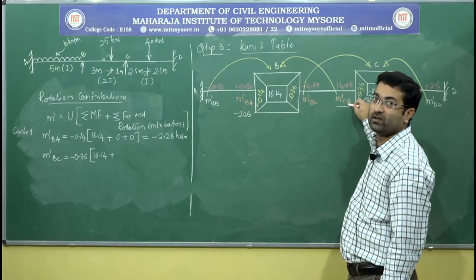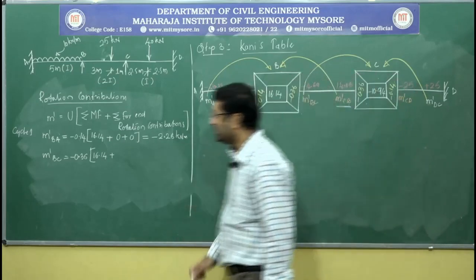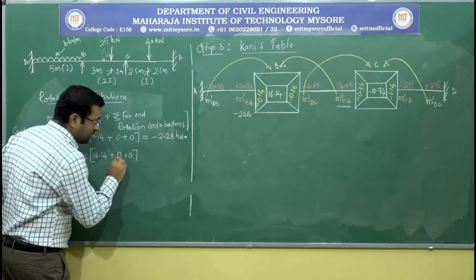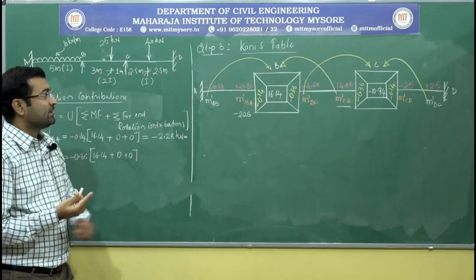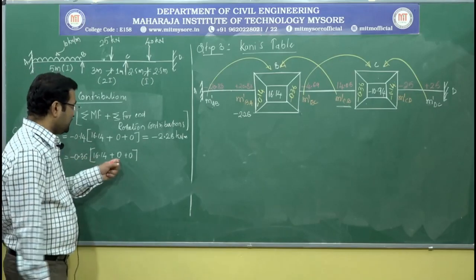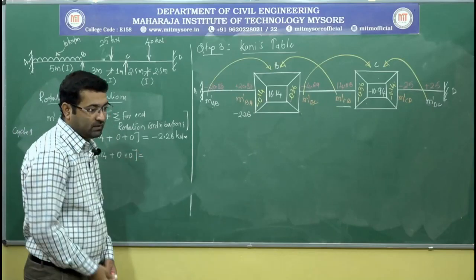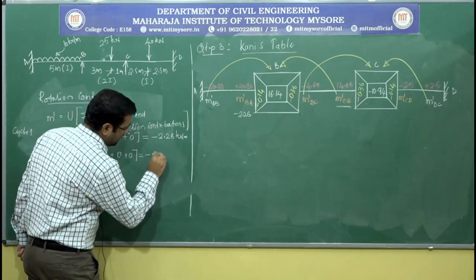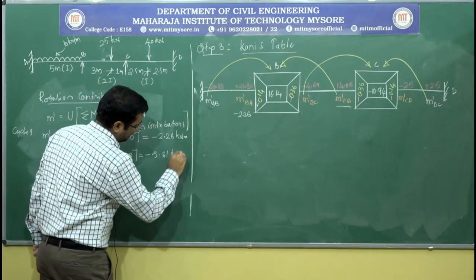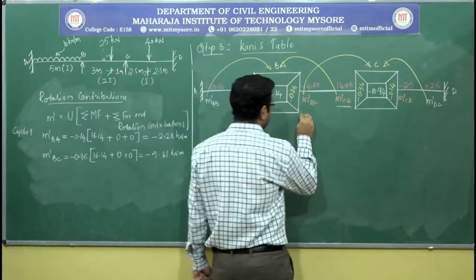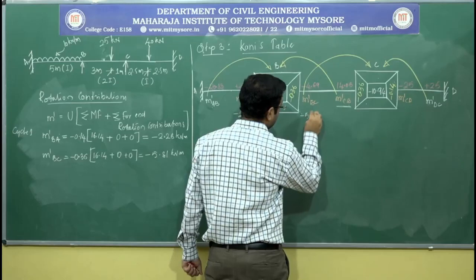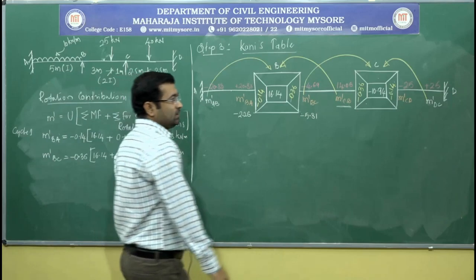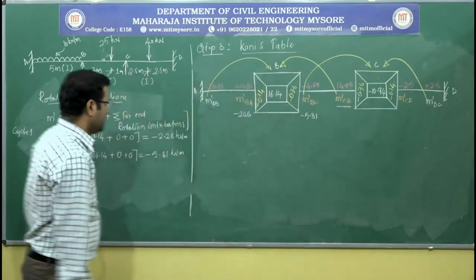These two are the far end rotation contributions. Right now they are 0. So I will use 0 plus 0. In the first cycle they will be 0, but not in the second cycle onwards. Okay. So this gives me a value of minus 5.81. Minus 5.81 kilonewton meter, which I need to represent here, minus 5.81. Right.